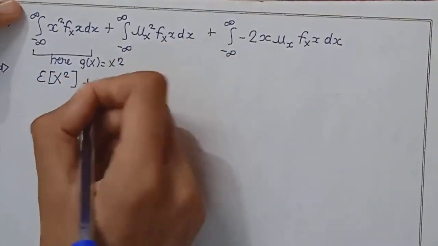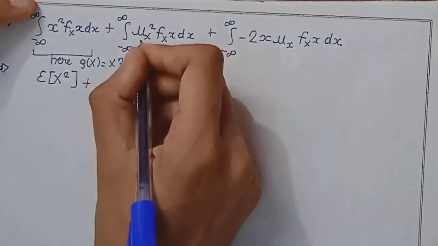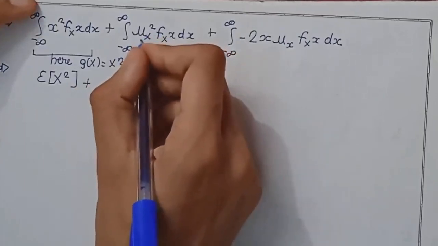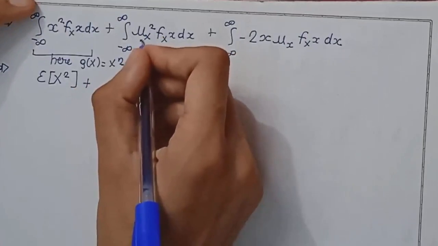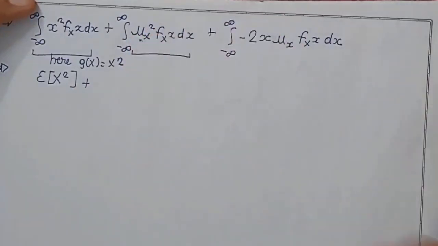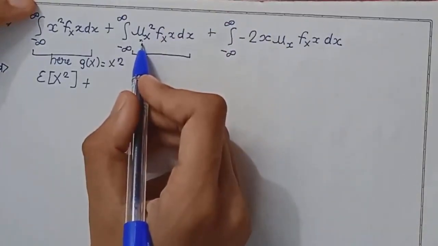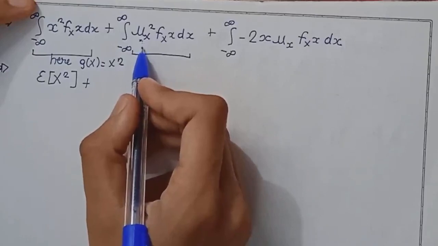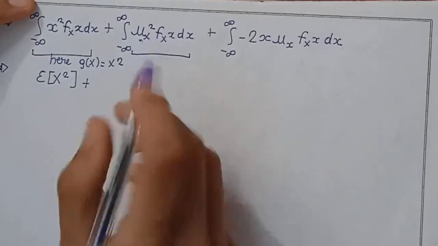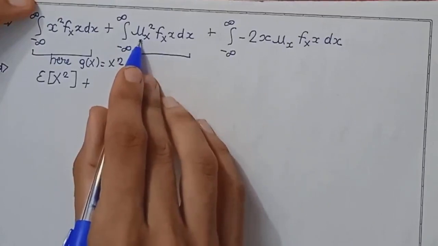And now if we deal with this part, we have nu x whole square. Now nu x, the expectation of any random variable, is always constant. Like in the previous example, when we found the expectation of random variable x, we got the expectation equal to half. So we know that the expectation of any random variable is constant.